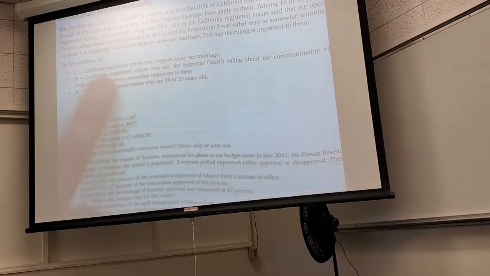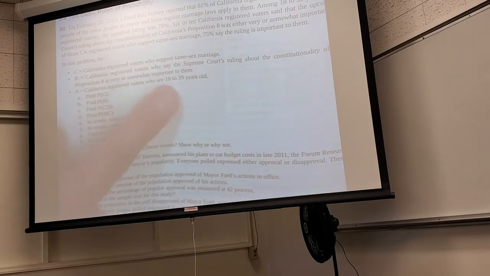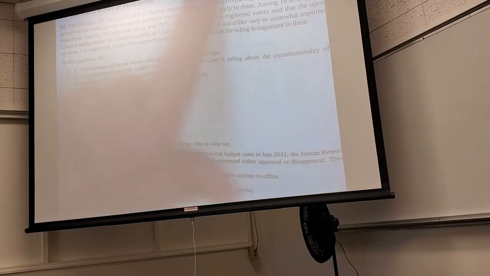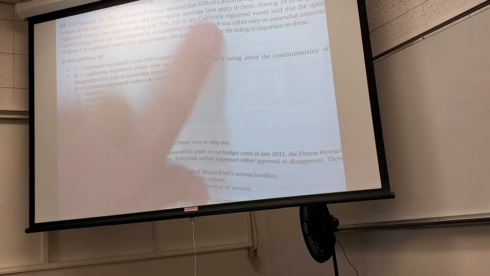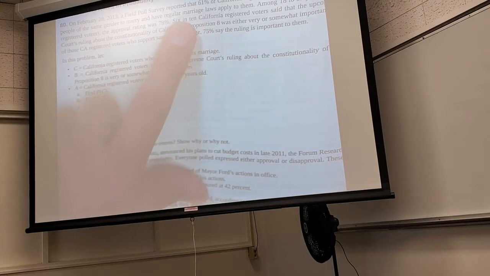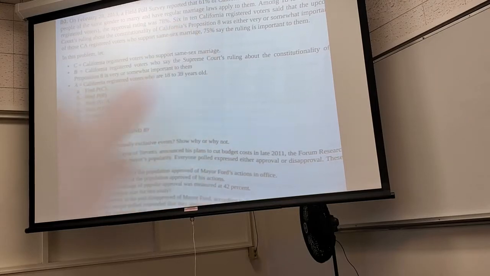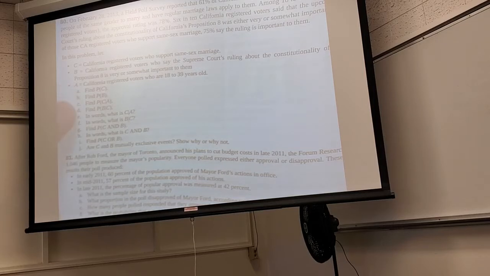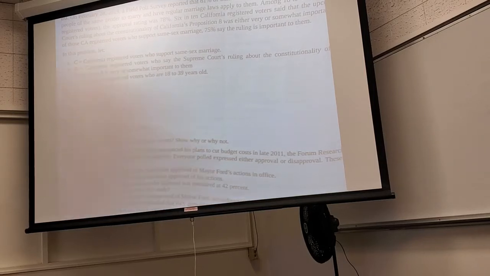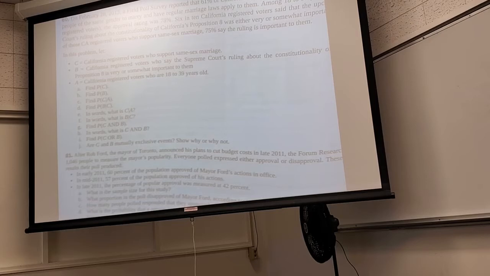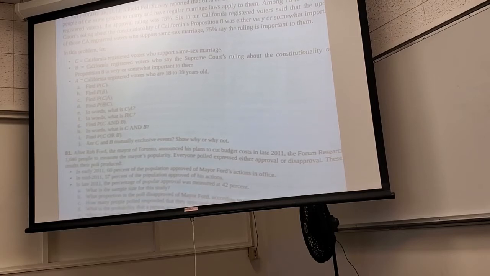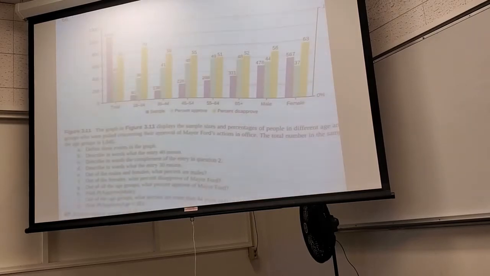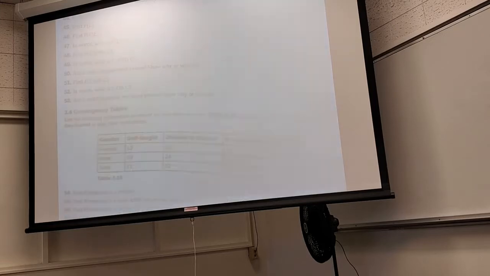They said that it was important to them, and 18 to 39 years old. If you read through it, they give you 4 percentages. One of them is hidden. See the 6 and 10? That's 60%. So the first 4 questions are no work. You just identify which percentage goes with which, right? Okay, good. And then we got this guy.